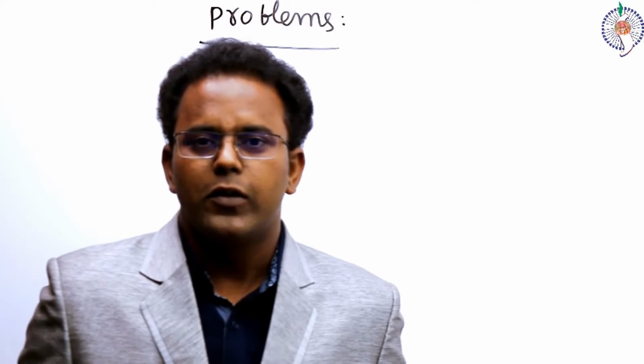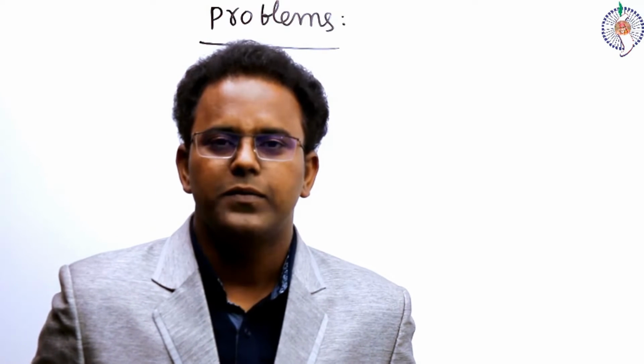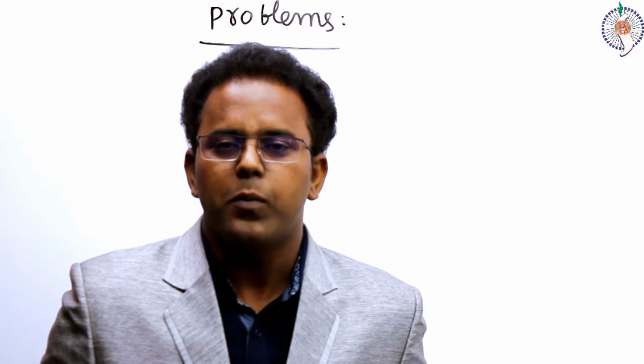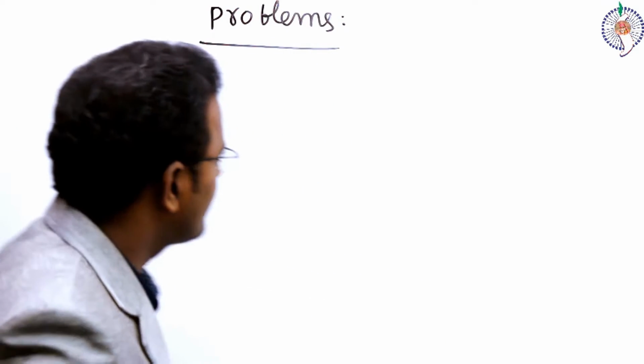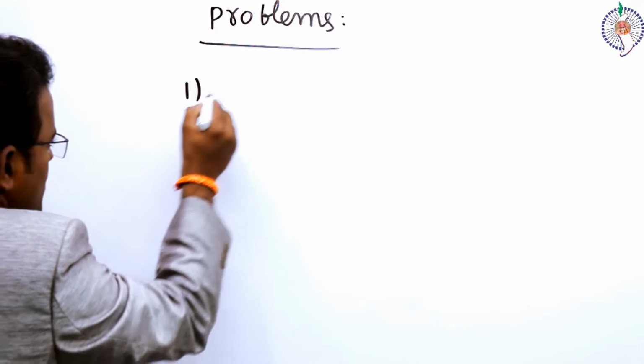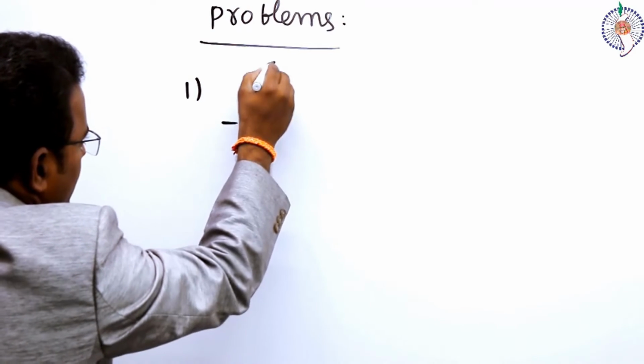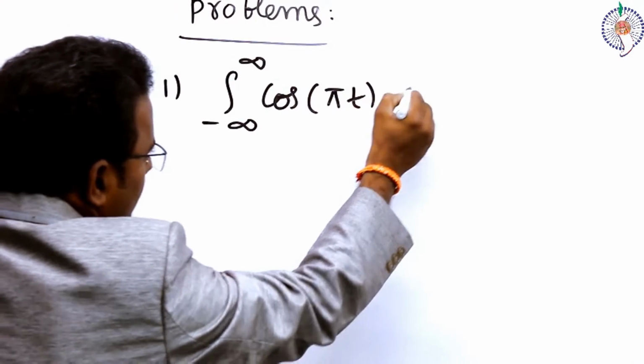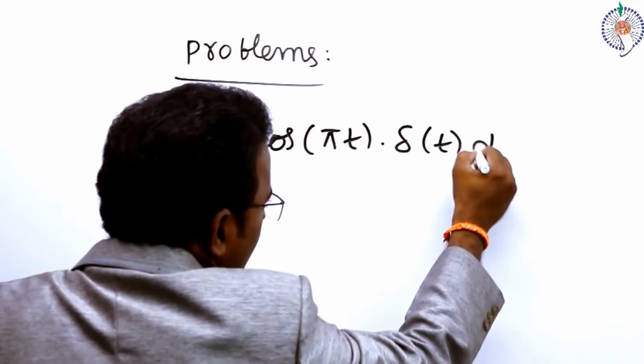Up to now, we've seen about the impulse signal and its properties. Now we'll see the problems on the impulse signal. So please note down. First one, integral minus infinity to plus infinity cos pi t into delta of t dt.